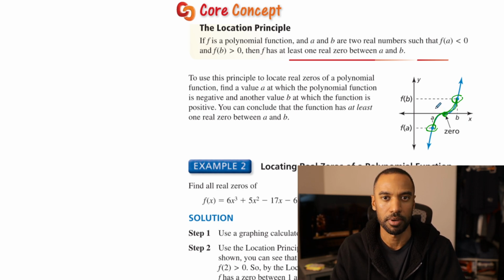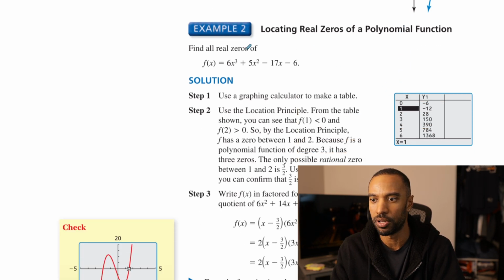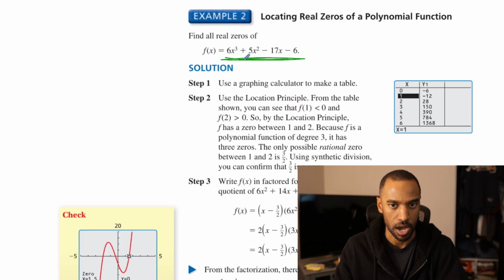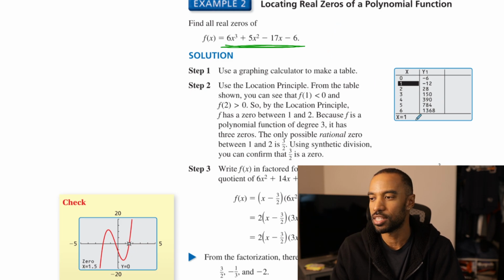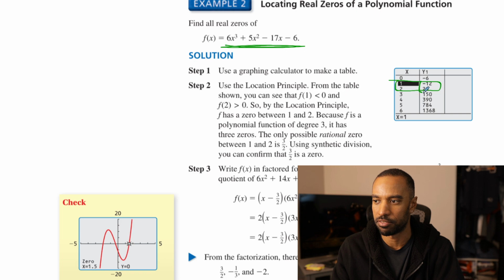And the reason why they're talking about this is because if you use a graphing calculator and you go through a table of values to find the real zeros of something, and there's more than one way to do this, you can use it on the graph or in the table. If you want to seek out real zeros, if you look at this table right here, this is the actual table of values for this, plug in 0, you get -6, etc. You'll notice that between 1 and 2, the y values go from negative to positive.